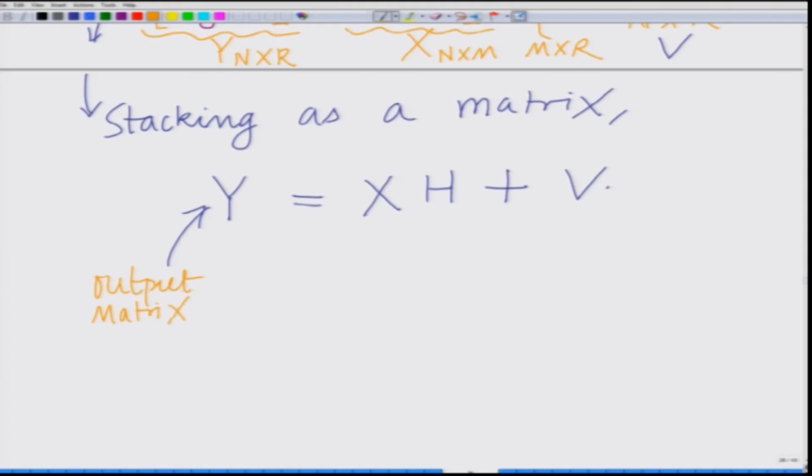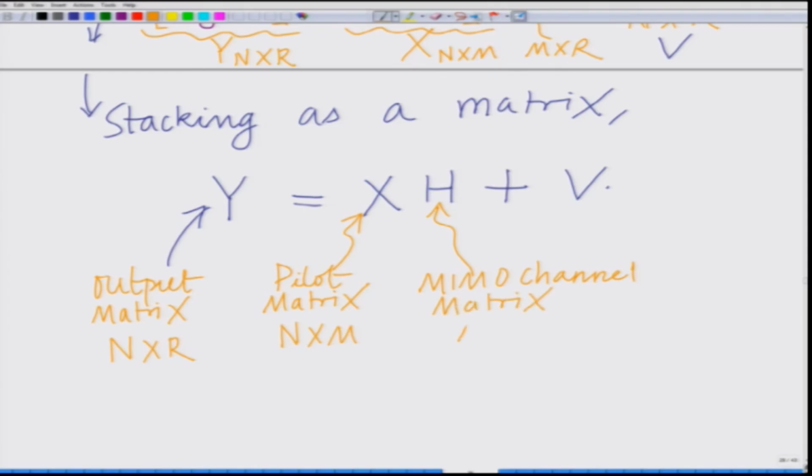or received matrix, which is n cross r. This is your pilot matrix, which continues to be similar to the multi antenna channel estimation scenario, which is n cross m, where n is the number of pilot vectors, m is the number of transmit antennas.